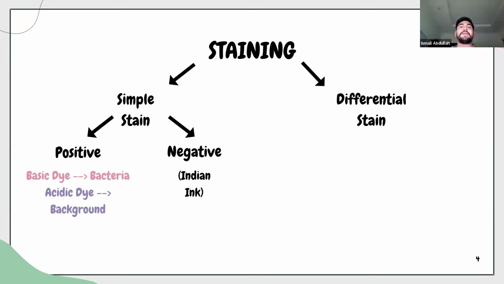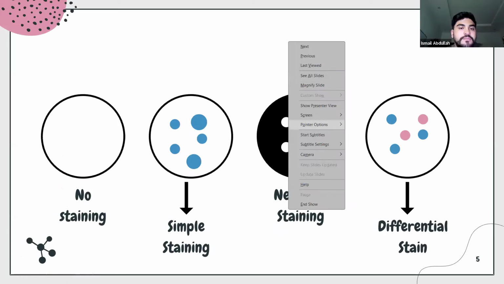We have positive and negative kinds of stain. The positive stain is just a simple one. As you can see here, let me just change my pointer. This is simple staining. It's just going to show you that there are certain organisms growing in there. Negative staining usually uses something known as Indian ink.